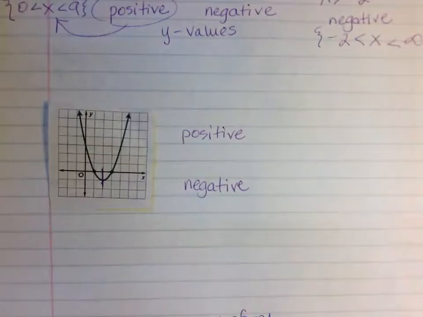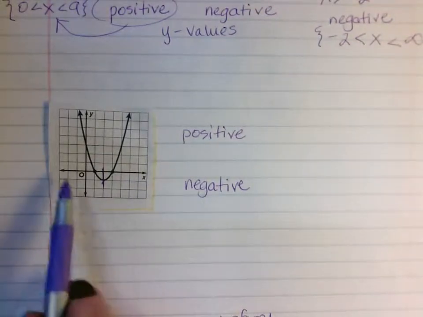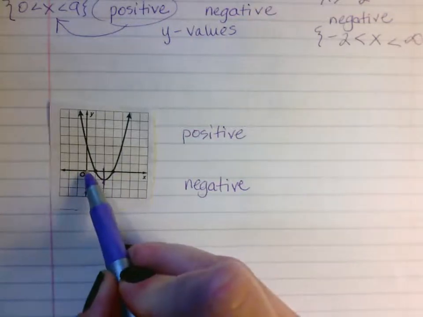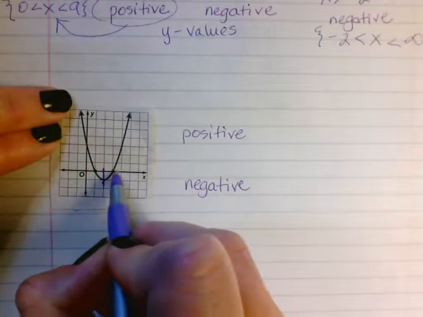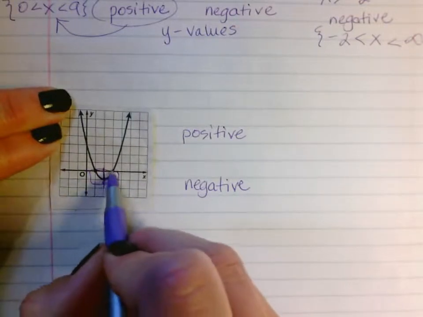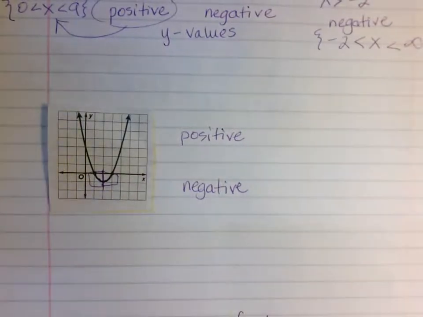Where? Well, I might start with the negative in this situation. So when are the y values below 0? This little section of the graph is where the function goes below 0 on the y-axis.